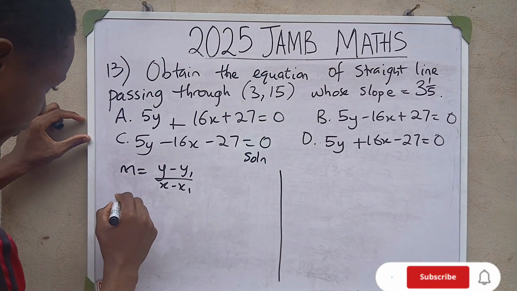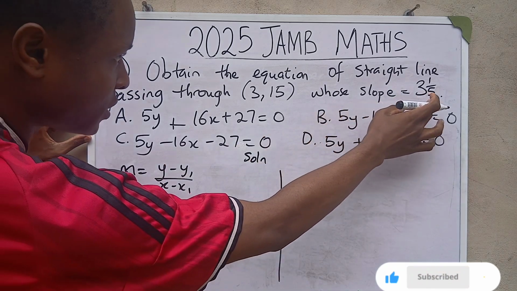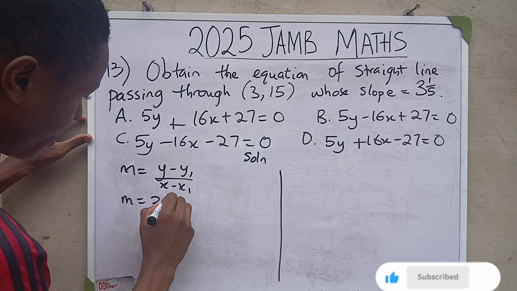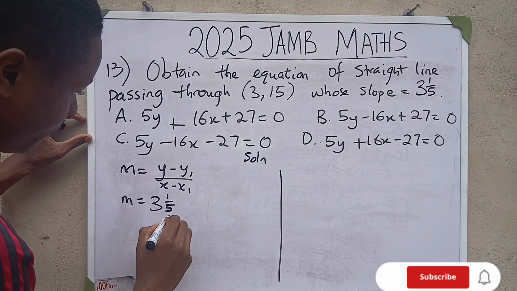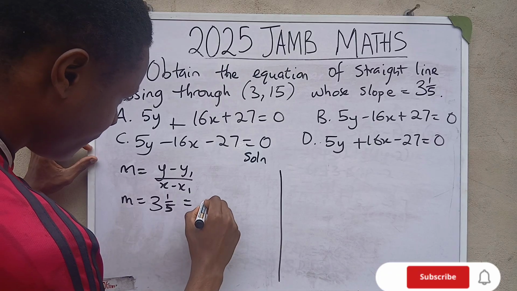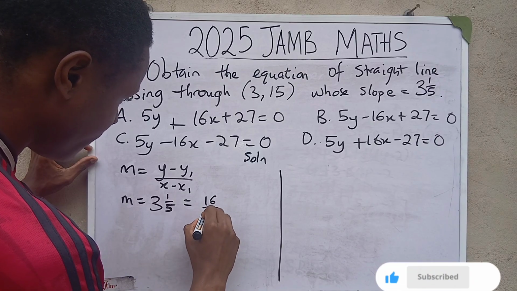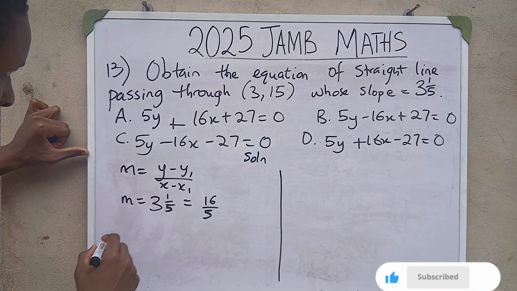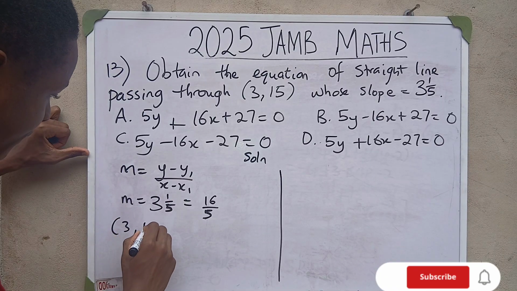So we have been given our slope to be 3 whole number 1 over 5. So that means m is 3 whole number 1 over 5. So converting, we have 16 over 5. Now we have 3 and 15.